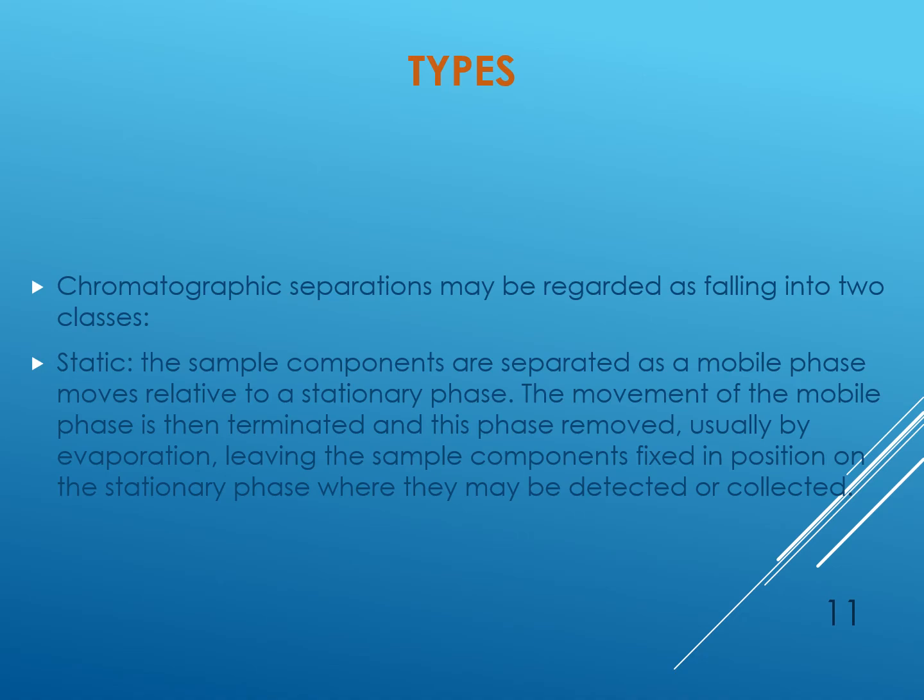The movement of the mobile phase is then terminated and this phase is removed, usually by evaporation, leaving the sample components fixed in position on the stationary phase where they may be detected or collected. Classical and high performance thin layer chromatography, TLC and HPTLC, and paper chromatography and electrophoresis fall into this class. These techniques give rise to a static distribution of components whose radioactivity may be subsequently determined.